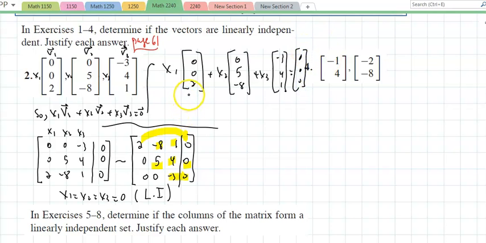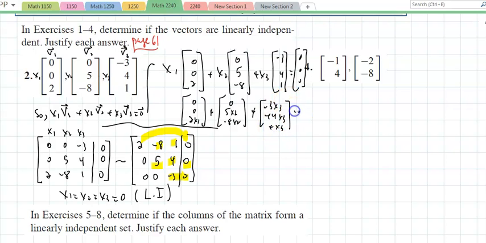And doesn't that mean you're really looking at 0, 0, 2x1 plus 0, 5x2 minus 8x2 plus negative 3x3 plus 4x3 plus x3 equal 0, 0, 0.